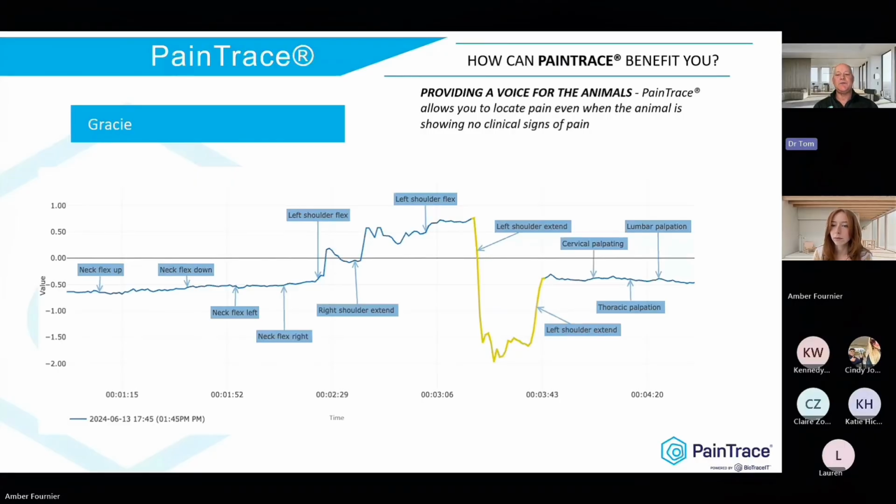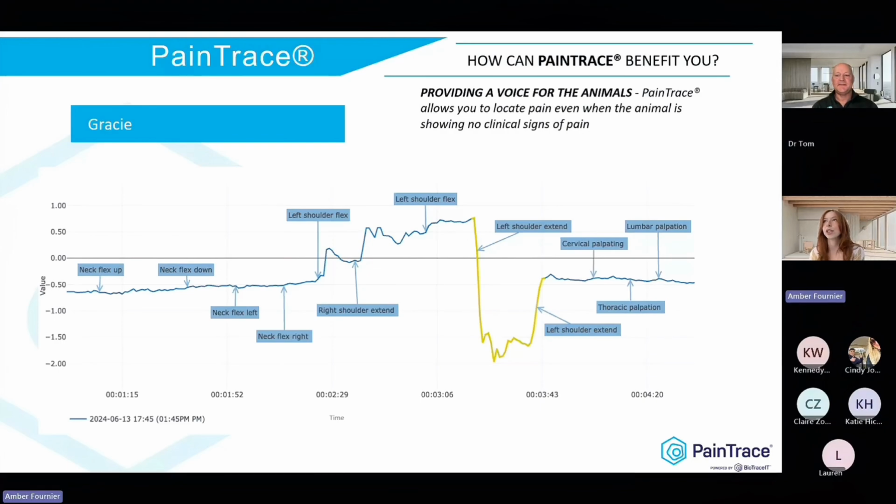This was something that she was accustomed to and had been dealing with for I don't know how long. So we were able to adjust our treatment modalities and focus on that left shoulder and get her back to feeling well. And then her baseline went back up to 0 or right above 0, which indicated no chronic pain.